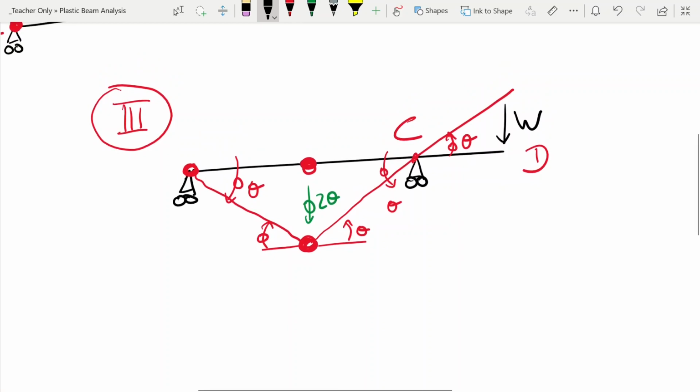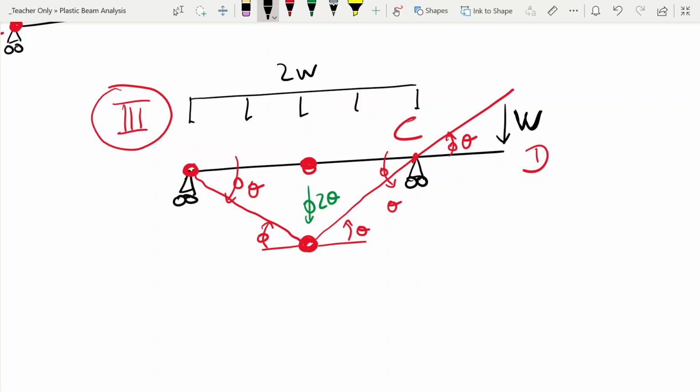Now, what we know about the loads is we have a UDL of 2W, and then we have this other load here of W. So now let's have a look. We know we need to break the UDL in 2, so let's put 2W times 1 here, 2W times 1 there. It's a similar case to the previous one, so this displacement here is theta over 2, that one is also theta over 2.